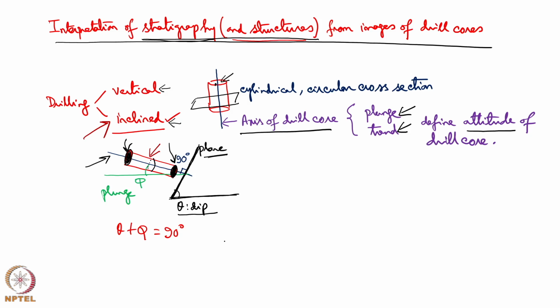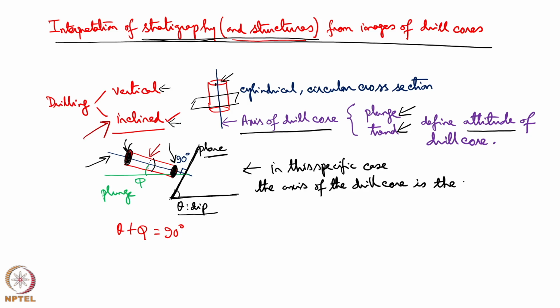Now, since the drill core axis is perpendicular to the plane, I can say that in this specific case, the axis of the drill core is the pole of the plane.